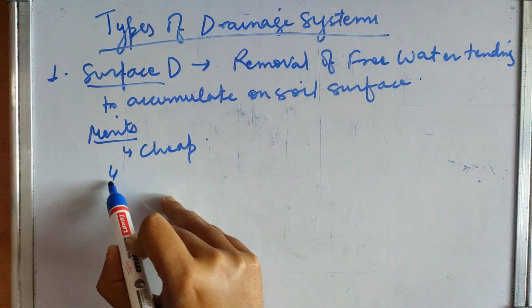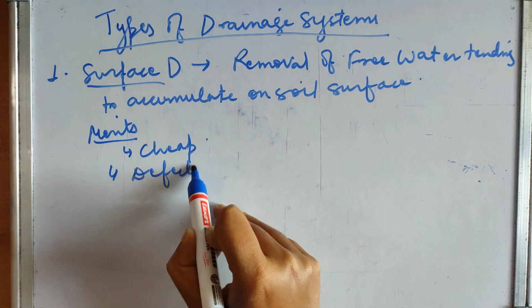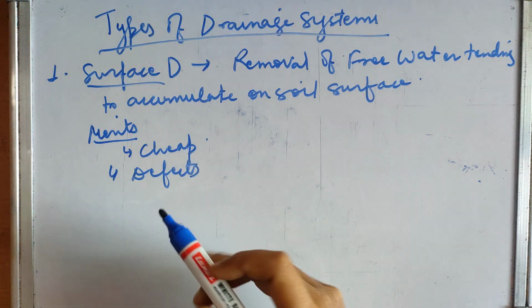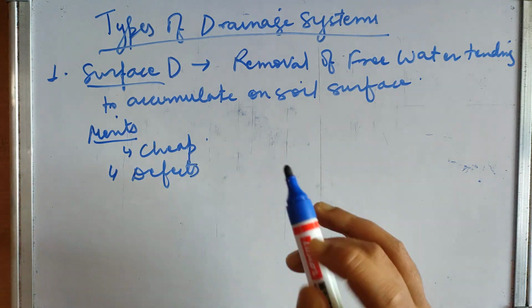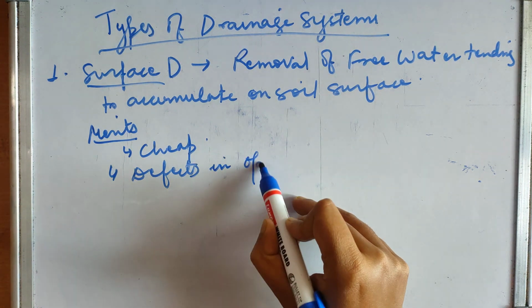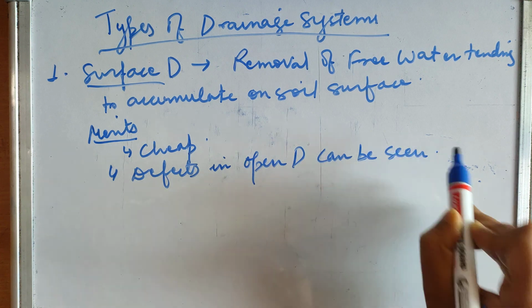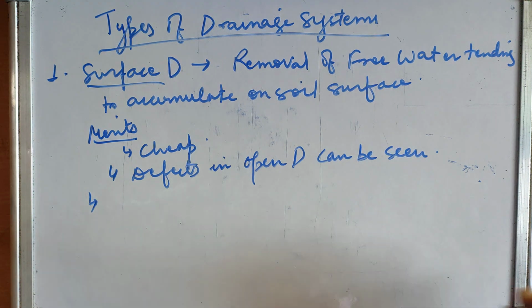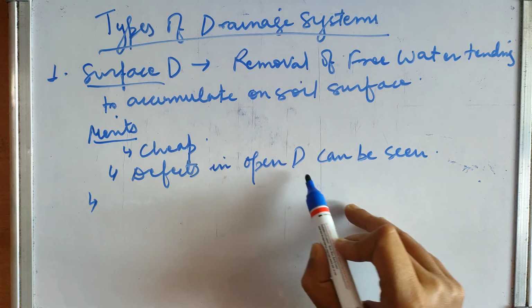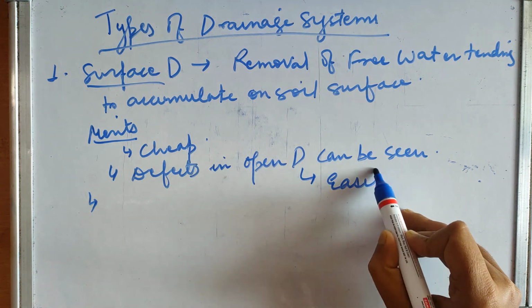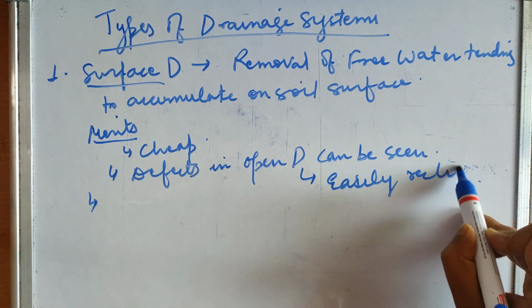Defects in open drainage can be seen. If any defect is seen in the drainage, it can be seen easily as it is open on the surface, and not only seen, it can be easily rectified also.